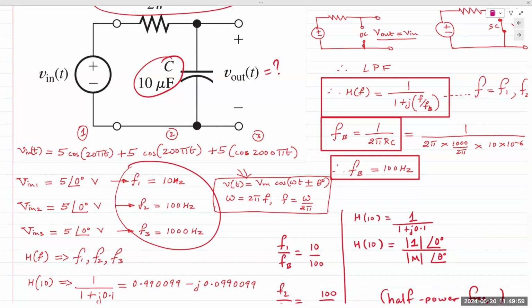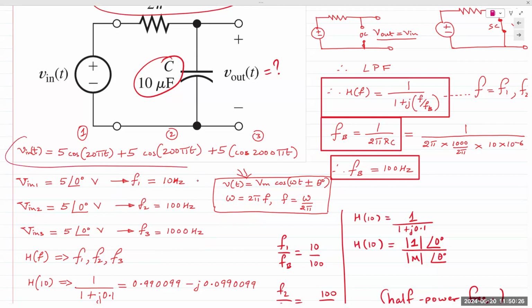Let's take a pause. Let me know if you have any questions thus far. So far, so good. So which step are we talking about?